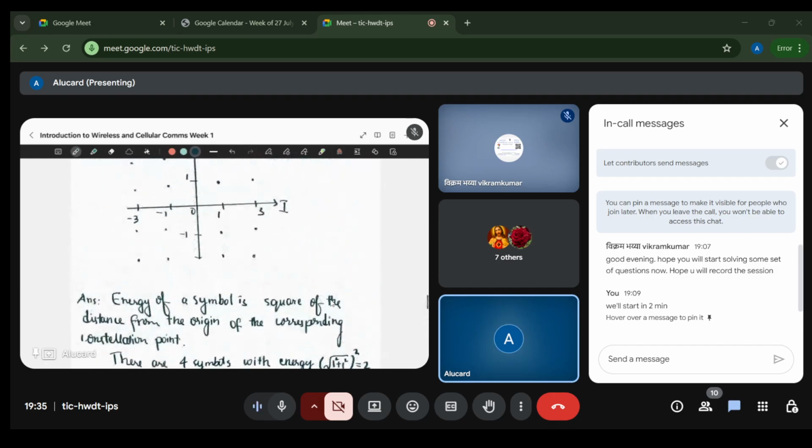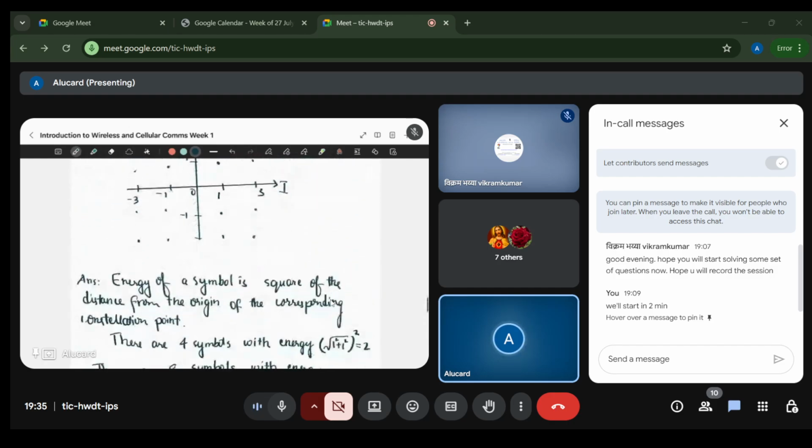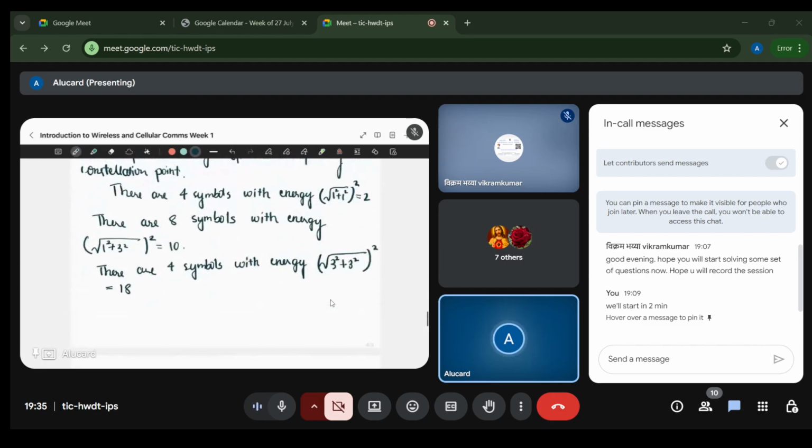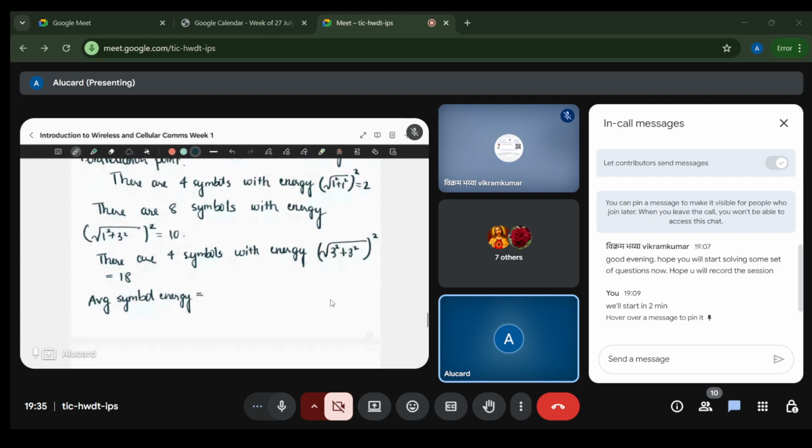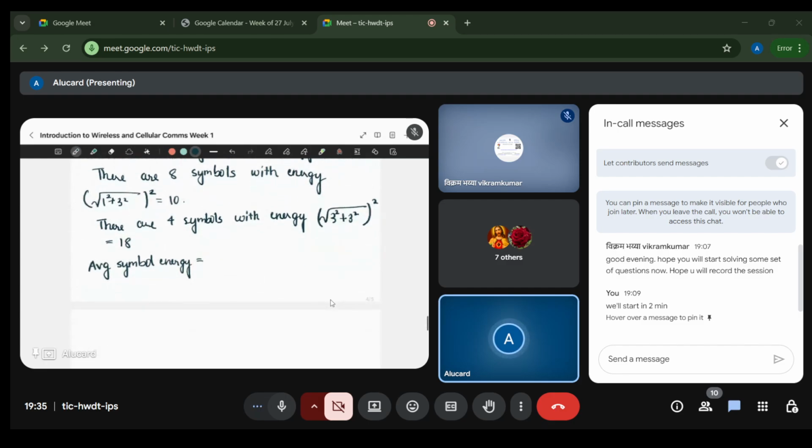Now, we were asked for the average symbol energy. So we take the average of all these energies. The average symbol energy is the total energy for all symbols divided by the number of symbols. There are 16 symbols.